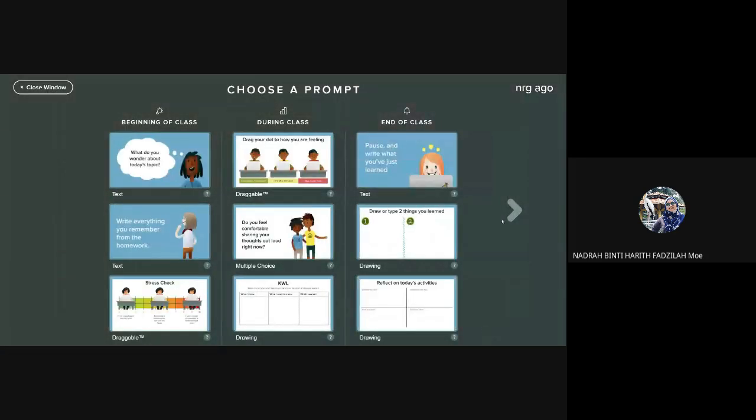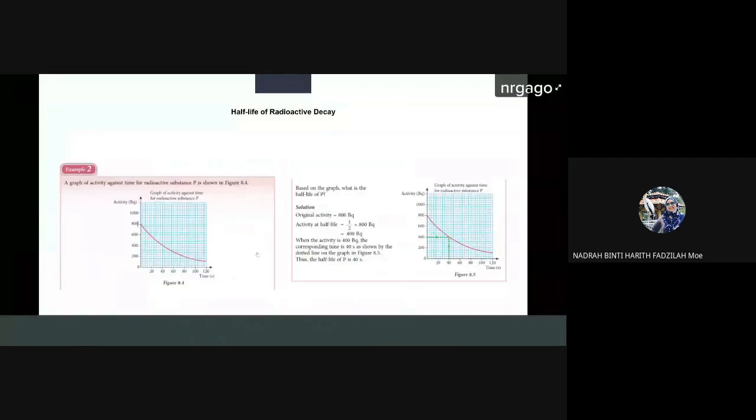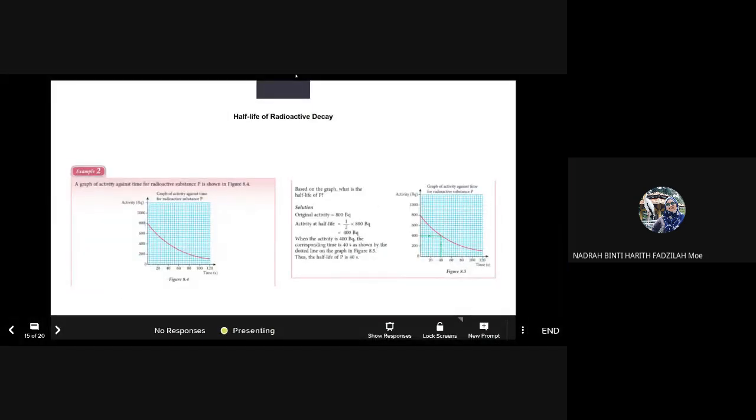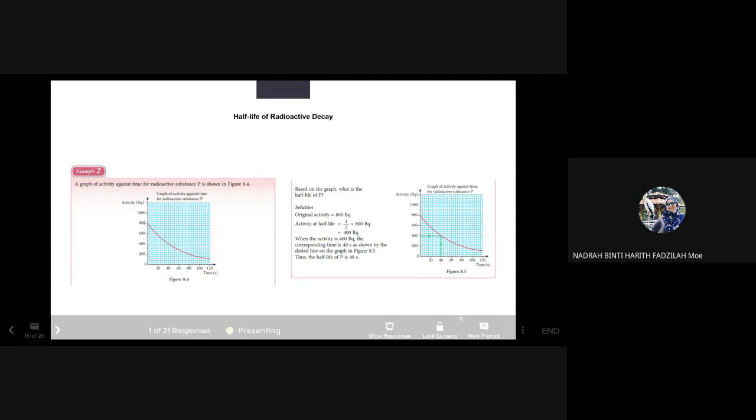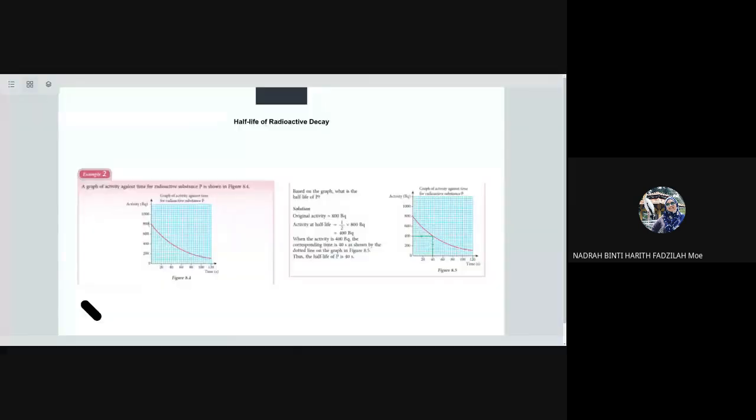Let me change to the draw function. Once again I will show you. Please refer to Google Meet. So now we know at time 0, I use the pencil function, in green, the original or initial activity is 800.